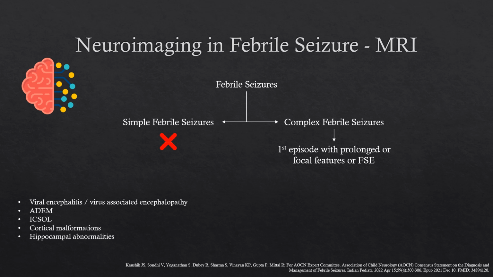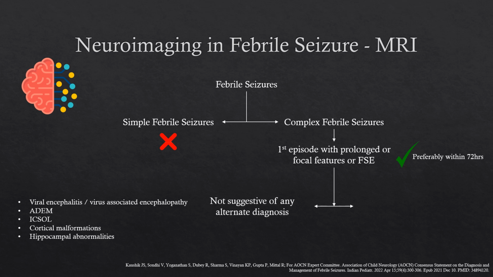In these three scenarios, that means if the duration of the seizure has been more than 15 minutes, the seizure has been of a focal type, or the patient had presented with febrile status epilepticus, and this is the first such episode in a patient, then only the neuroimaging is indicated and it is to be preferably done within the first 72 hours of the seizure. That is the most important thing.